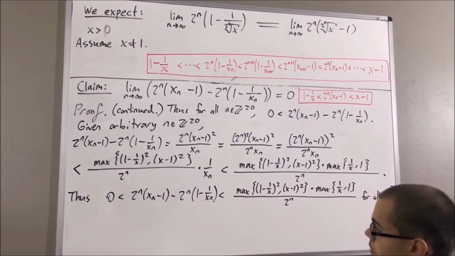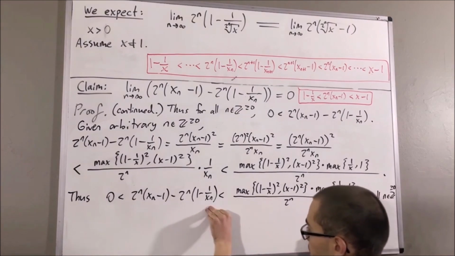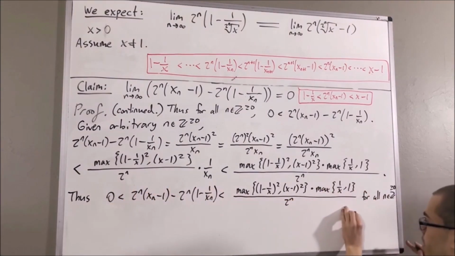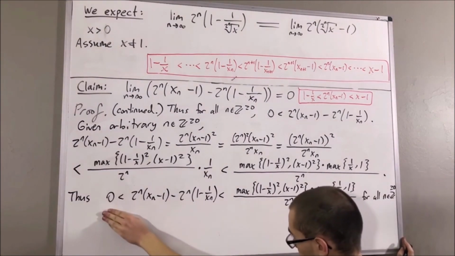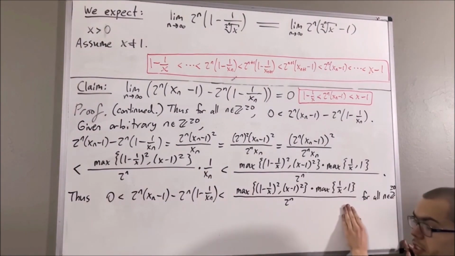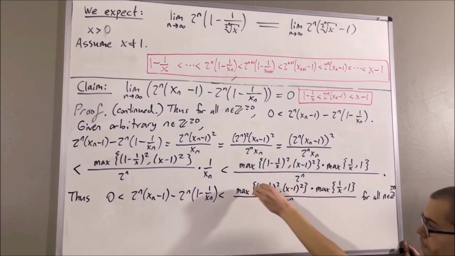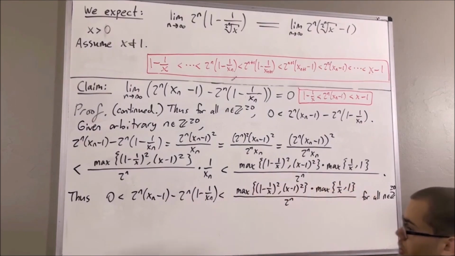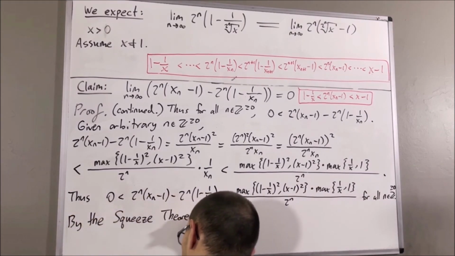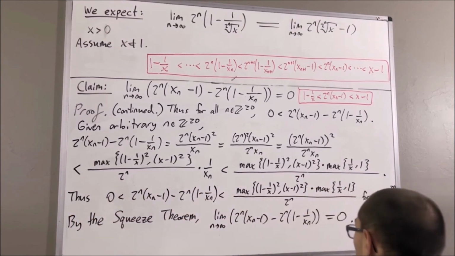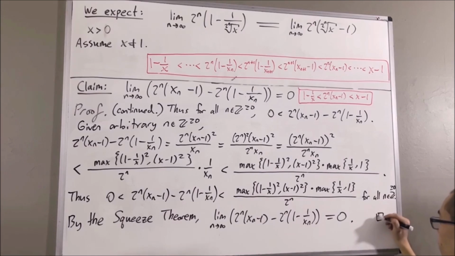And so what this means is we have shown that this sequence is squeezed between two sequences which converge to 0. Right? We know that the constant sequence of zeros converges to 0, and clearly this sequence converges to 0, right? Because it's a fixed number divided by 2 to the n. So by the squeeze theorem, this sequence converges to 0. And so that proves our final claim.